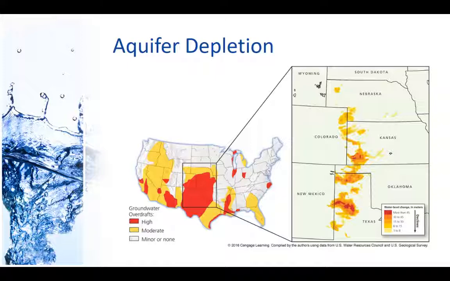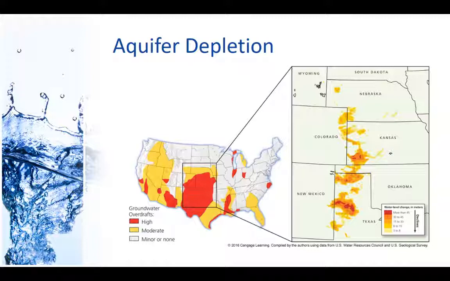Turns out that water levels in the Oglala aquifer, which is the one kind of highlighted here on the right, going through Colorado, Kansas, Oklahoma, and Texas, have seen huge declines as you get to the southern end, because water is being pulled out in the upper reaches of the river, making less and less available downstream, leading to increased aquifer depletion and hopefully not, but getting closer to potential subsidence.